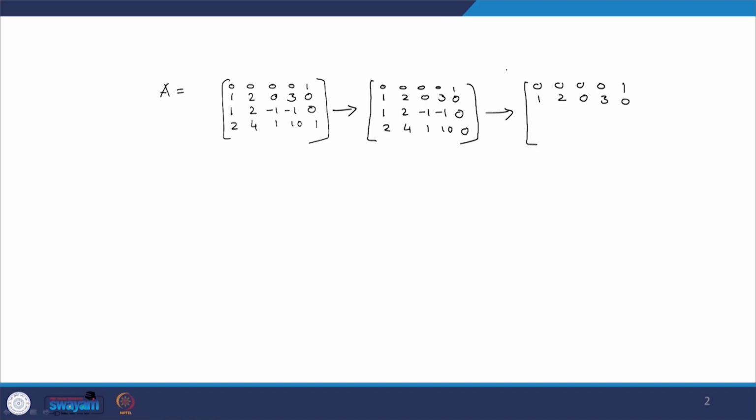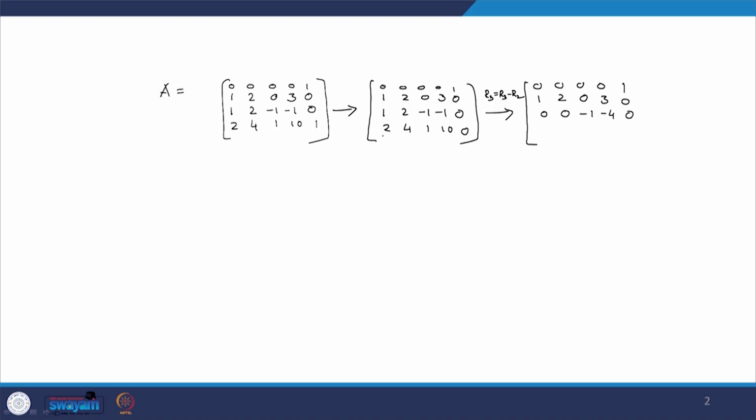So, basically I am saying that R3 equals R3 minus R2. If I do it, I will have 0, 0 and that is minus 1 and this will be minus 4, 0.